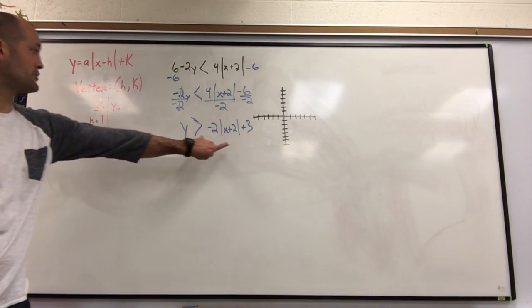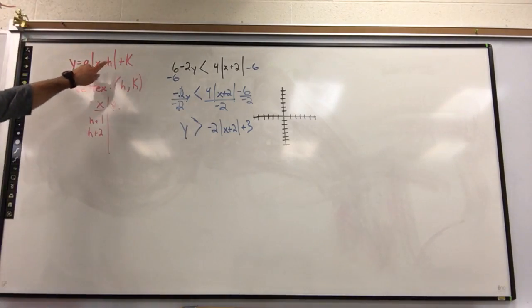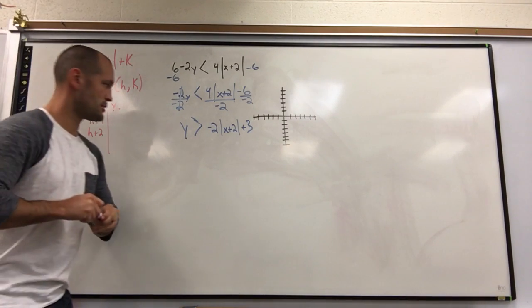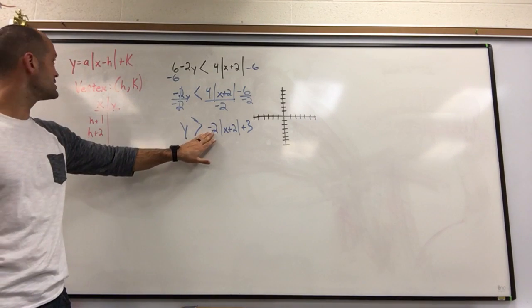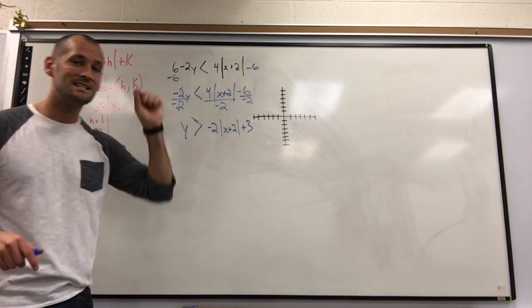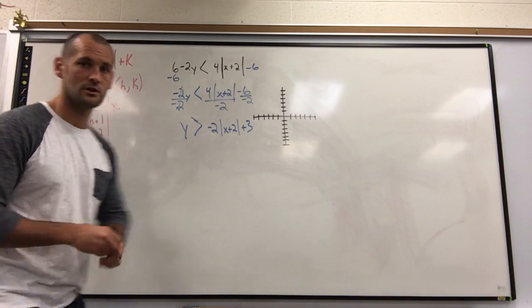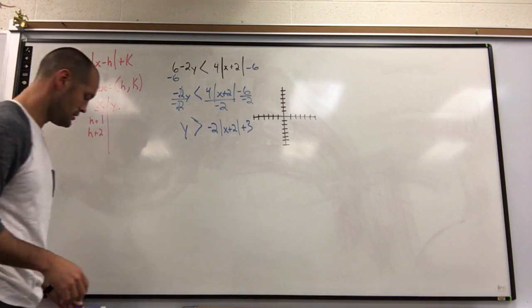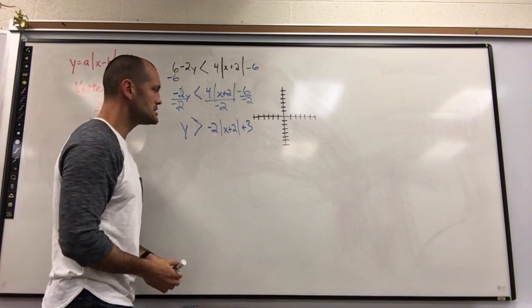Now if you look, it is pretty much identical to the vertex form. My a value is negative 2. My h value is negative 2. If you notice, in the original format we subtract our h value, but this is addition.